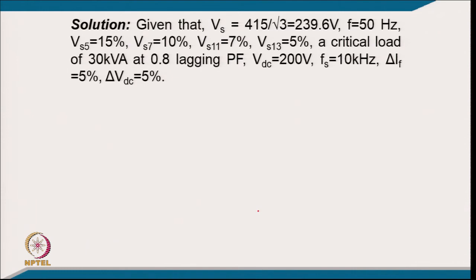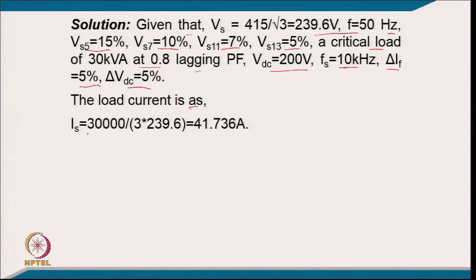So, coming to the solution part, given that the base is 415 by root 3 and 50 Hz, fifth harmonic 15%, 7th harmonic 10%, 11th harmonic 7%, 13th 5%, a critical load of 30 kVA at 0.8 lagging power factor, DC link voltage 200, switching frequency 10 kHz, ripple current 5% and DC link voltage ripple 5%.